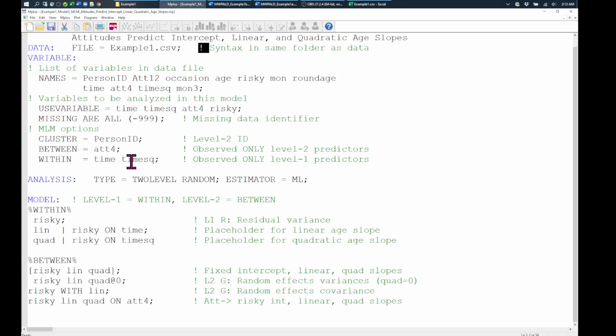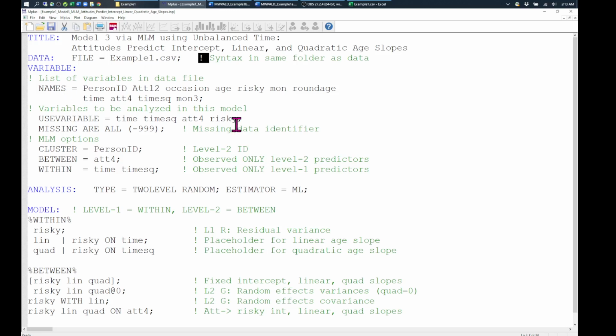And this is one model per file. So unlike every other package that I know where you can have a model and just highlight that model and run it, this runs the entire program as one thing. So that's why there are so many separate files in your download folder, because it's one model per file.